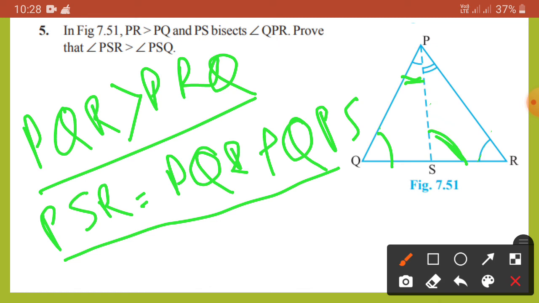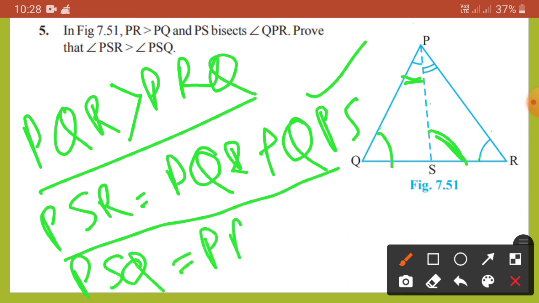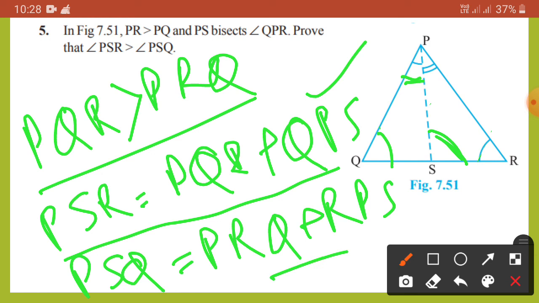And PSQ is equal to PRQ plus RPS, as the exterior angle of a triangle equals the sum of the opposite interior angles. PSQ, that means this angle, is equal to PRQ, this angle, plus RPS, this angle.